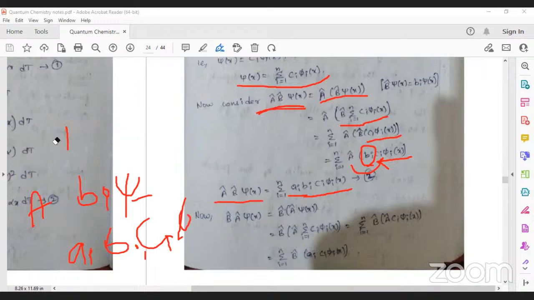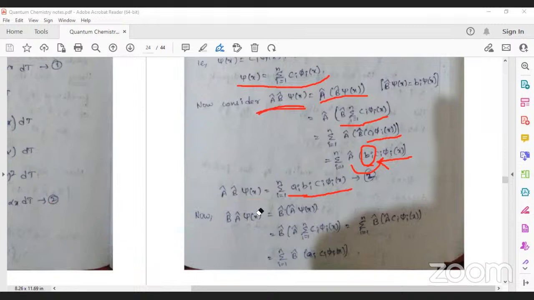Okay. Now, similarly, what is B into A into psi of x? We are going to do that, B into A into psi of x. Right? B take outside, the operator A operates on this wave function. We will get one eigenvalue, that is ai.